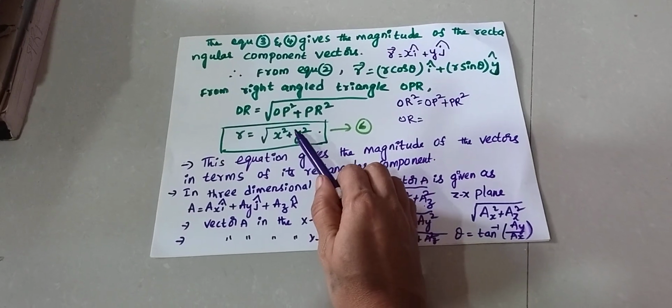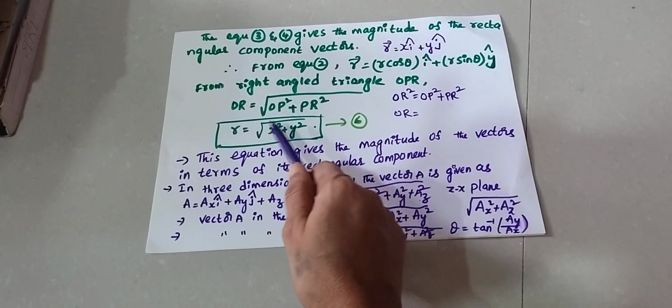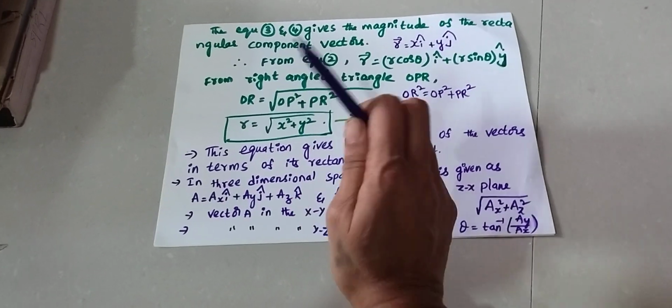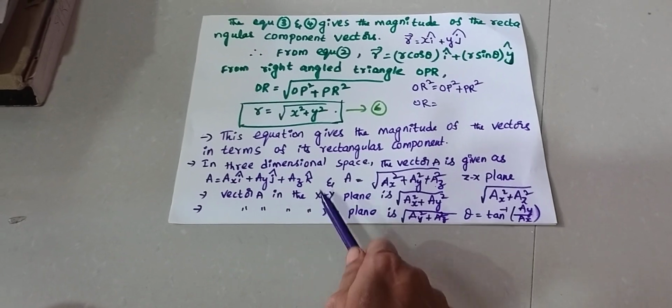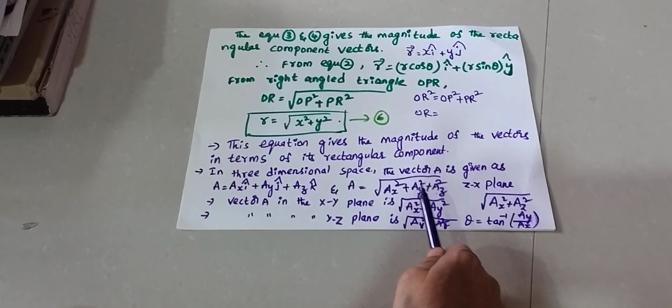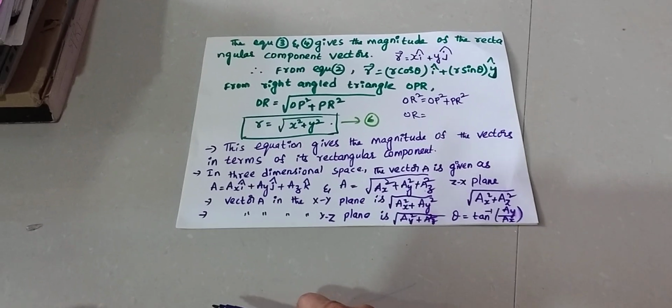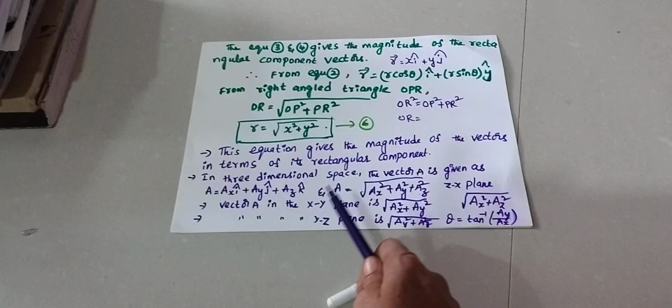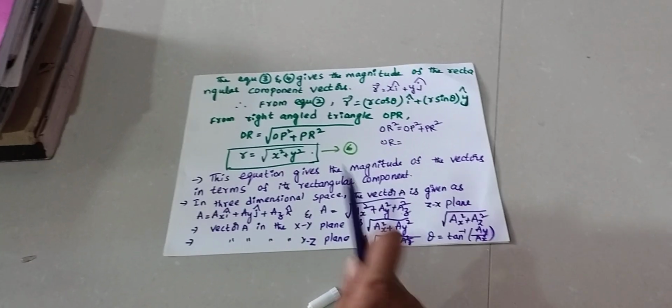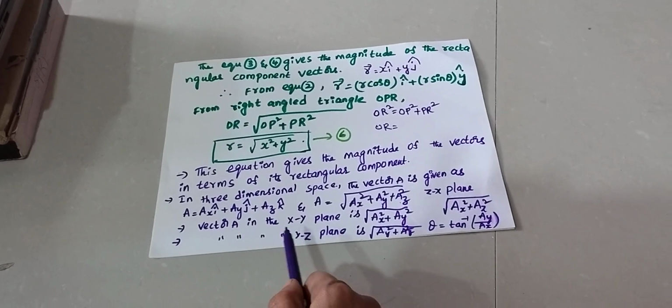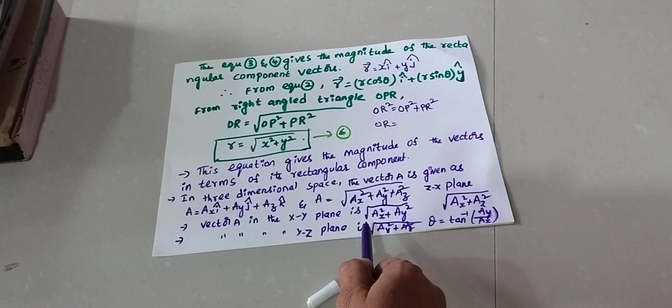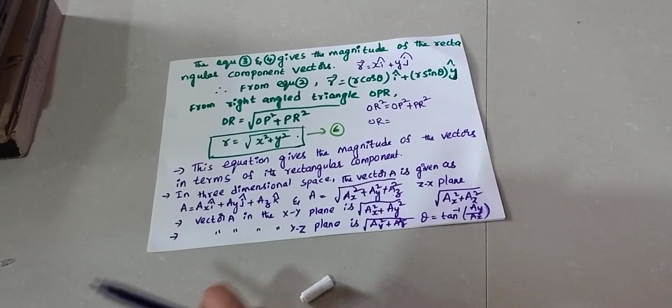In 2-dimensional space, what is the formula? R is equal to root of x square plus y square. In the case of 3 dimensions, A is equal to root of Ax square plus Ay square plus Az square. We can also discuss the magnitude in each plane. Vector A in the xy plane has magnitude root of Ax square plus Ay square.